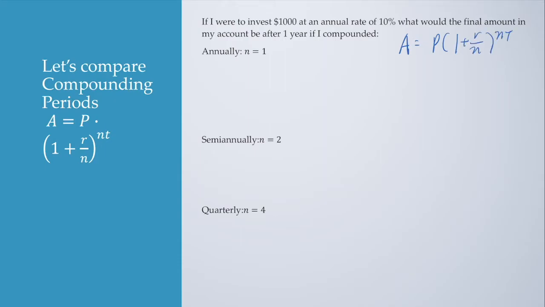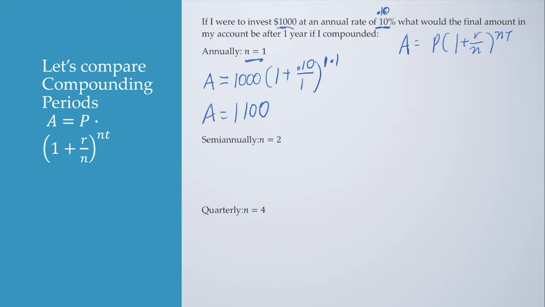If we're compounding annually, my N is 1. So my final amount is my principal, $1,000, times 1 plus my rate, 0.10, divided by 1, to the 1 times 1. So we're just going to write to the 1. This gives me A equals $1,100. 10% of 1,000 is $100.